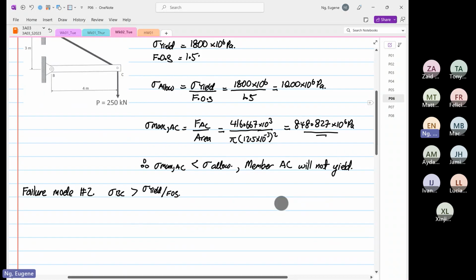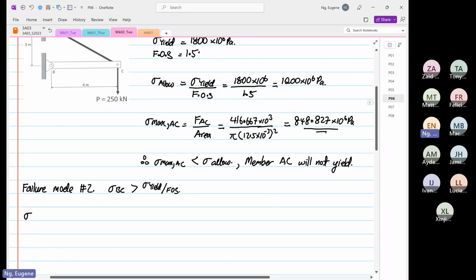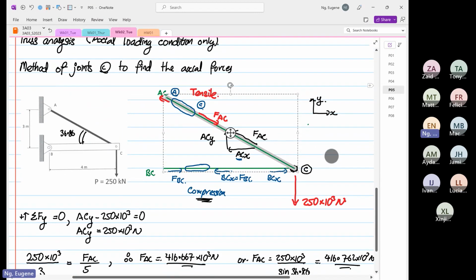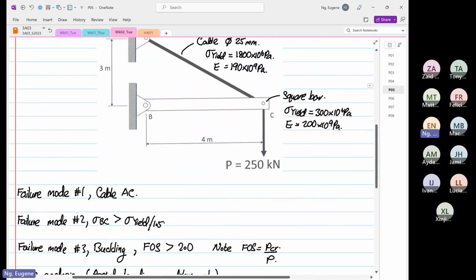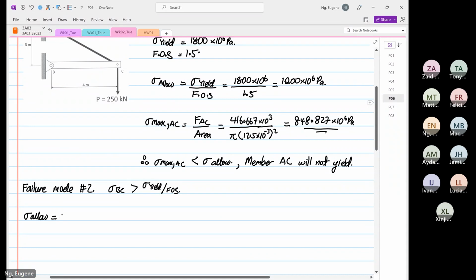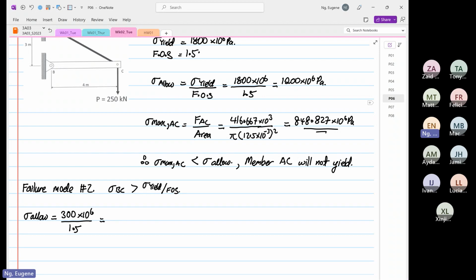So we have to calculate our stress allowable, which is equal to what we were given, 300 times 10 to the power 6, divided by 1.5. That is our factor of safety.